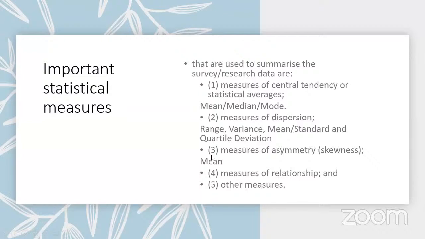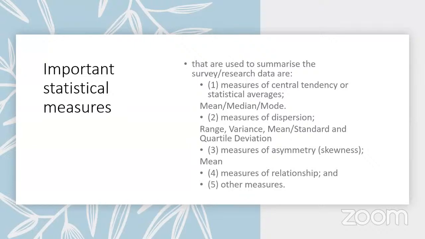So next are the important statistical measures. These are a must and should be required for descriptive statistics, for every person who wants to do research. They can be measures of central tendency, otherwise called statistical averages, where we have mean, median, mode, and then measures of dispersion, which include the range, variance, mean deviation, standard deviation, quartile deviation.